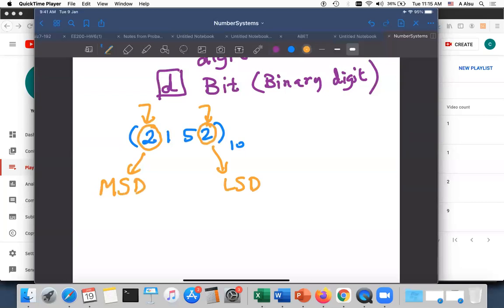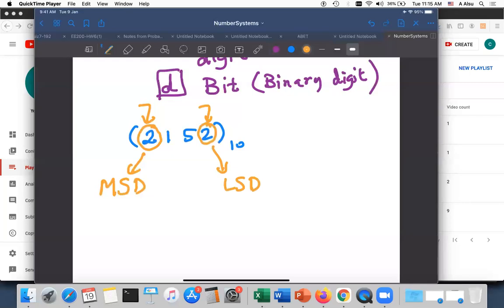Now this is when we talk about any number system. However, for binary, there is a specific name for a digit. I'm sure that you guys know. A bit, right? A bit is a binary digit.